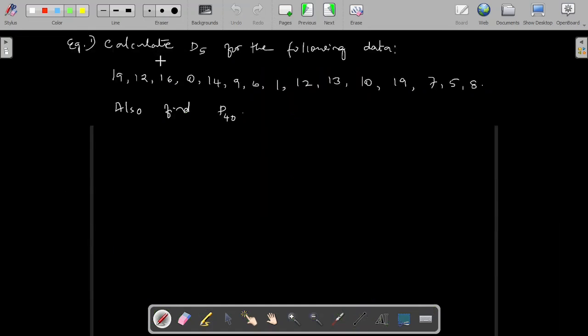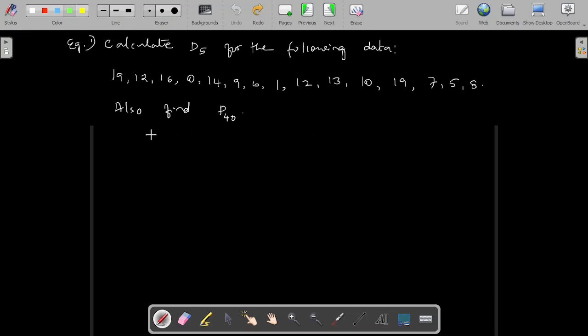Now, finding deciles and percentiles. Calculate D5 for the following data, and you have to find out P40 also, that is percentile: 40% of the data falls below which value, that we have to find out. This is ungrouped data without frequencies. So first we have to arrange the data in ascending order.